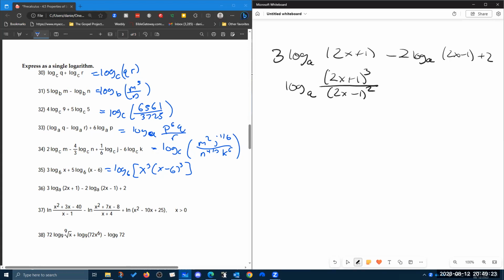And then this is going to be times 2. So that 2 is a log base a of a squared. If I want to get that a squared inside of there, that's a log base a of a squared times 2x plus 1 to the 3rd over 2x minus 1 to the 2nd.